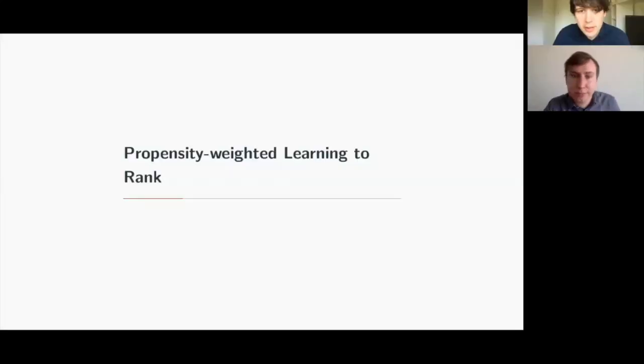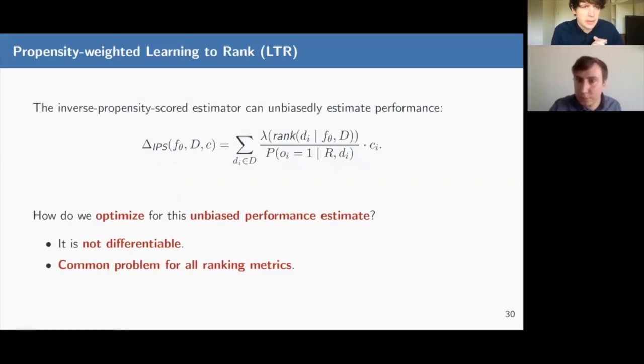Let's see if I can take over. Yep. All right, indeed, we've seen how evaluation works, but now I want to take the next step and actually do some learning here. The main idea is that we're going to take that inverse propensity score estimator that we've just seen, and we're going to try to optimize our model, f theta, to maximize the value of our estimate.